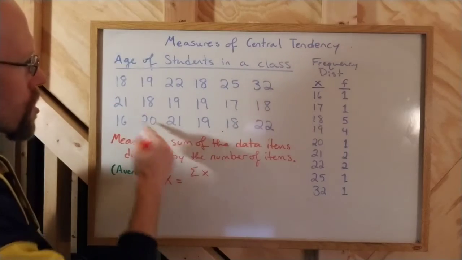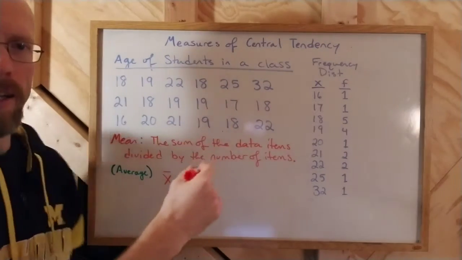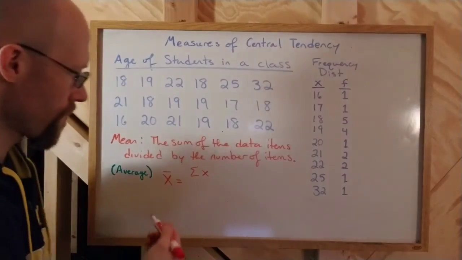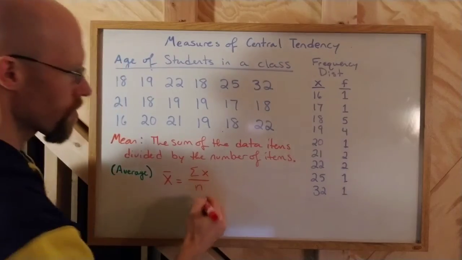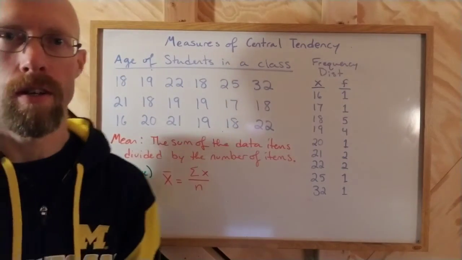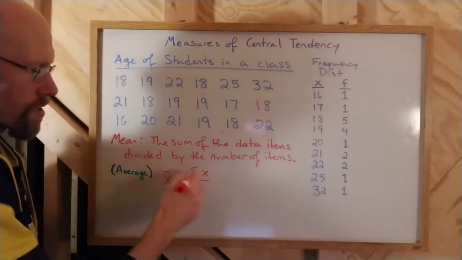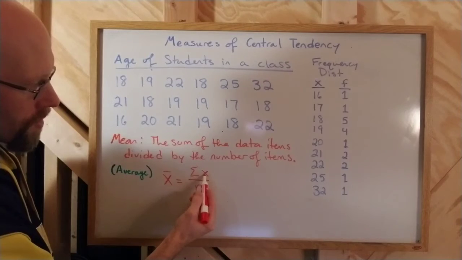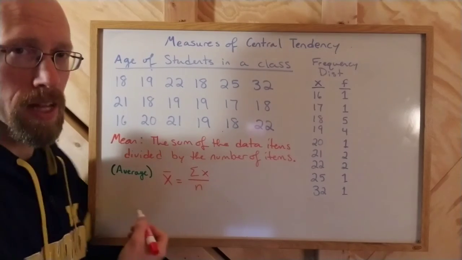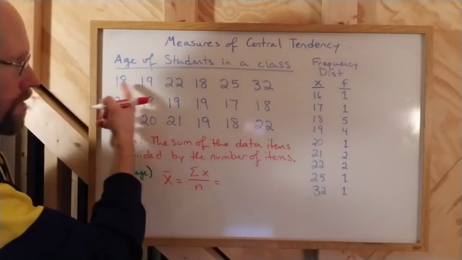We'll consider each of these data items as an x value. So the sum of the x's divided by n, which is the number of x values, or number of data items. It looks a little bit strange probably, but this is the sum of the data items divided by the number of data items.